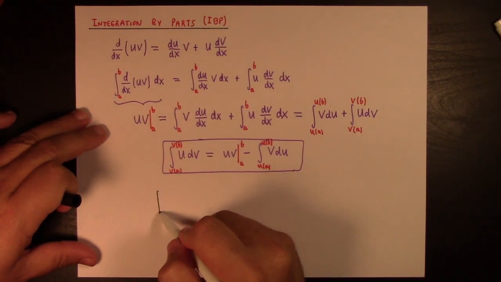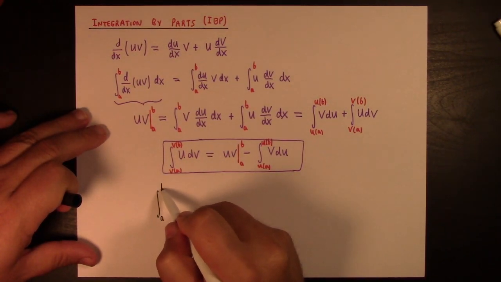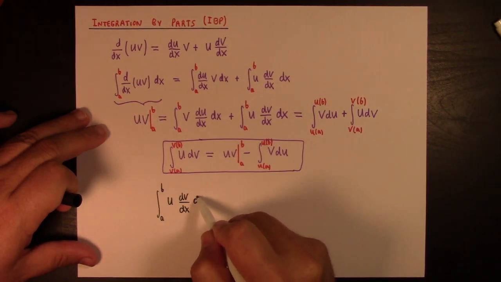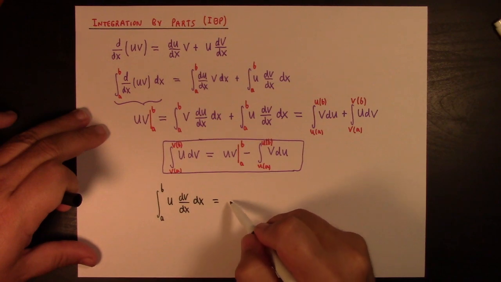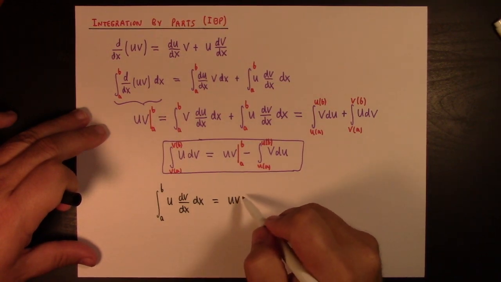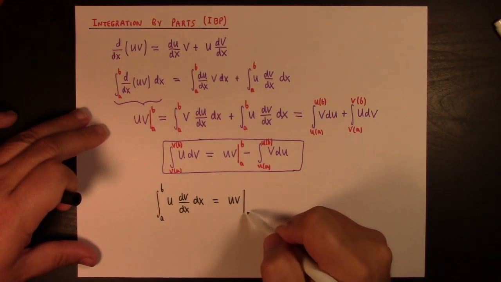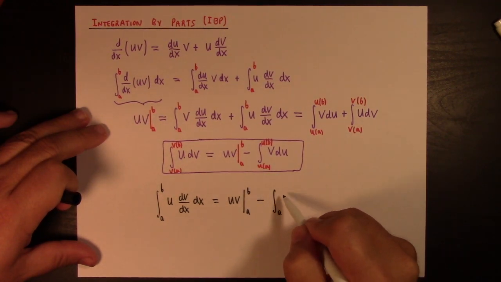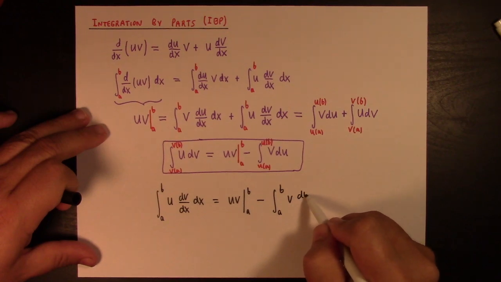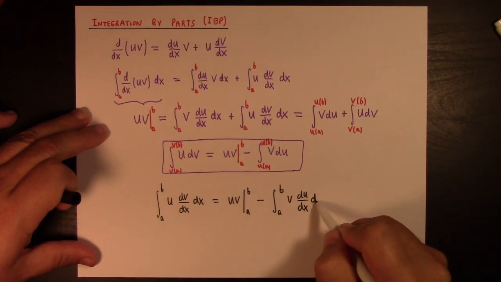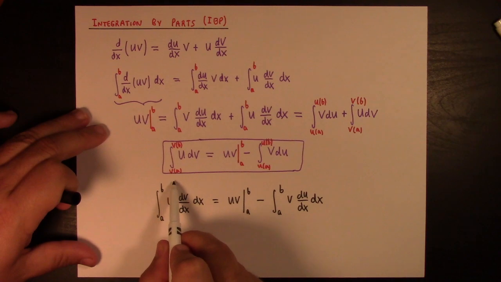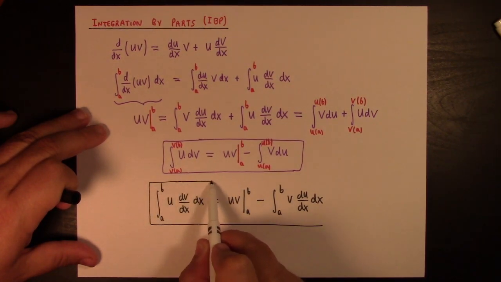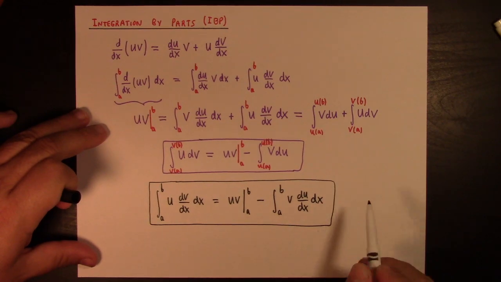We'd have the integral from a to b of u times dv/dx dx is equal to uv, viewed as functions of x, of course, evaluated from a to b, minus the integral from a to b of v du/dx dx. So in some sense, the boxed purple formula is a shorthand for the more complicated looking black one.